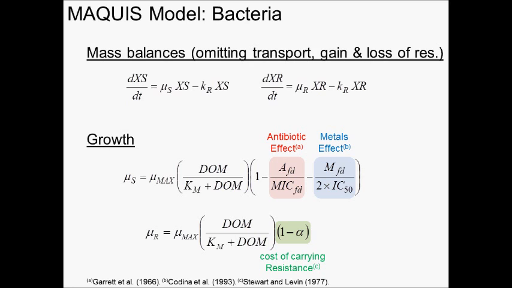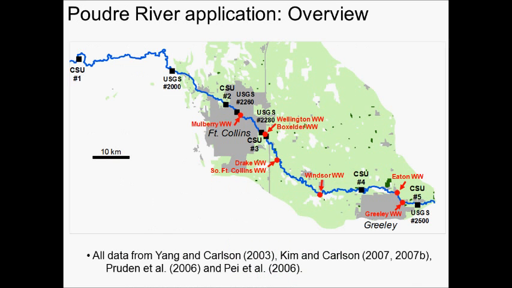Now we're going to get into the application. We've applied this model to the Poudre River in Colorado. The Poudre River is a test bed for studying antibiotics and antibiotic resistance in the ambient aquatic environment. A relatively large database has been developed and continues to be developed in the research groups of Ken Carlson at Colorado State, as well as Amy Pruden, now at Virginia Tech.